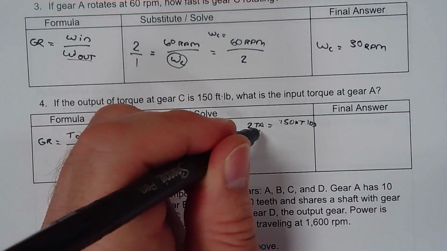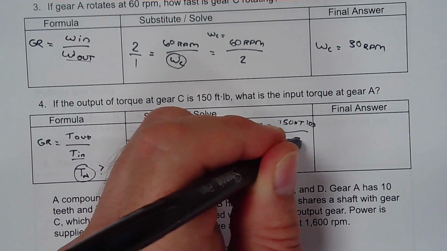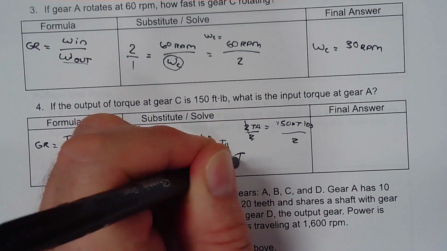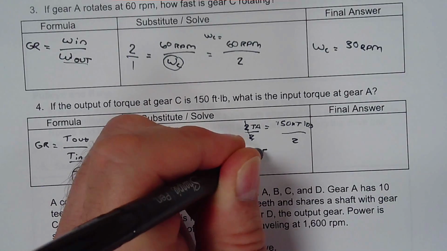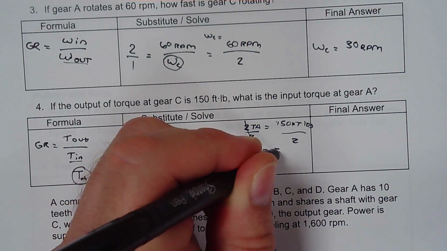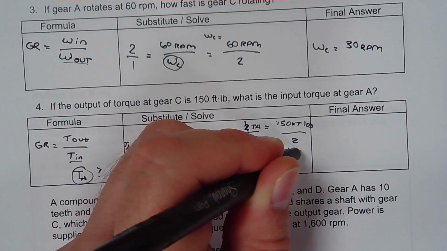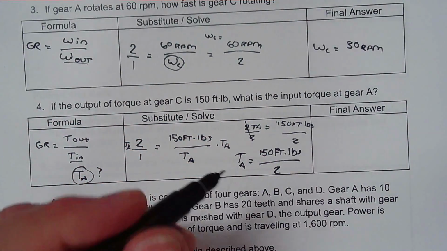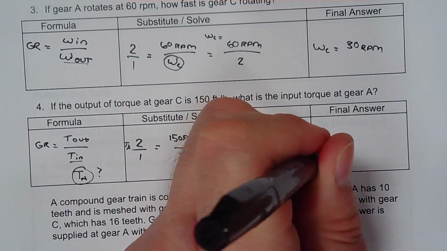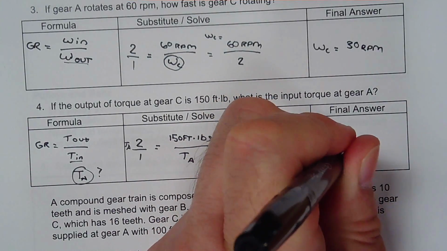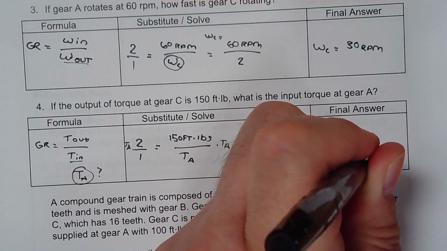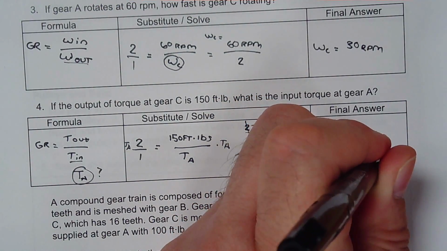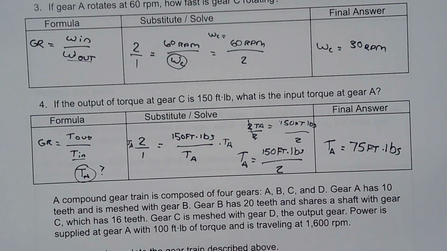Divide by 2, divide by 2. That cancels. Torque at A is equal to 150 foot-pounds over 2. Divide that by 2. Torque at A is equal to 75 foot-pounds, because my units carry.